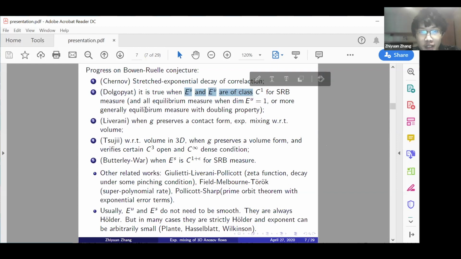And the second condition, equilibrium measure with doubling property, this holds in dimension 3. In general, if you consider a codimension 1 Anosov flow, it holds if the unstable is of dimension 1. But usually in the general case, I think it's not.